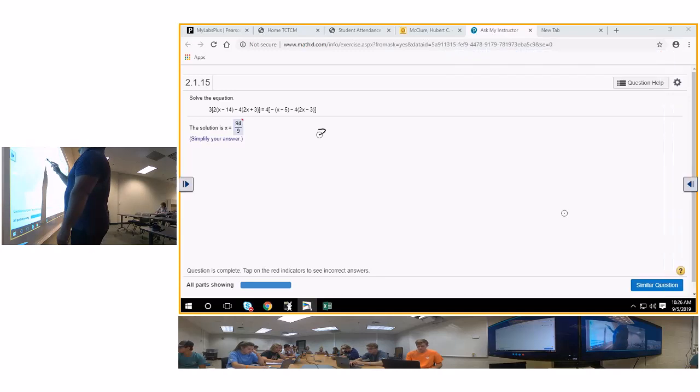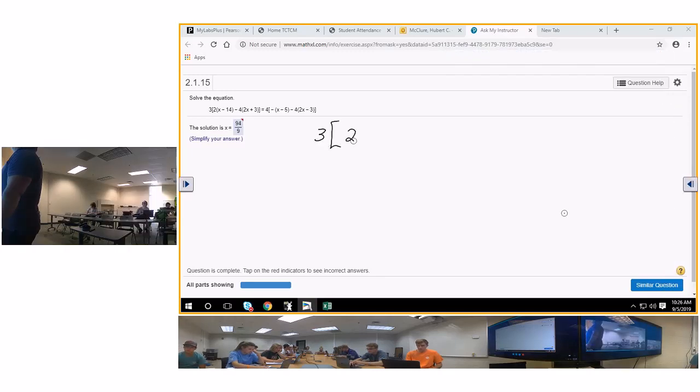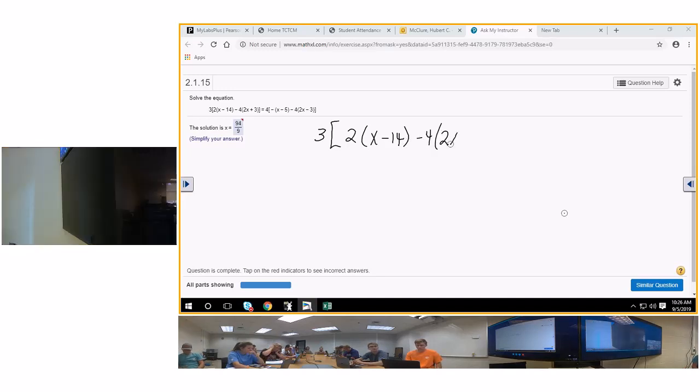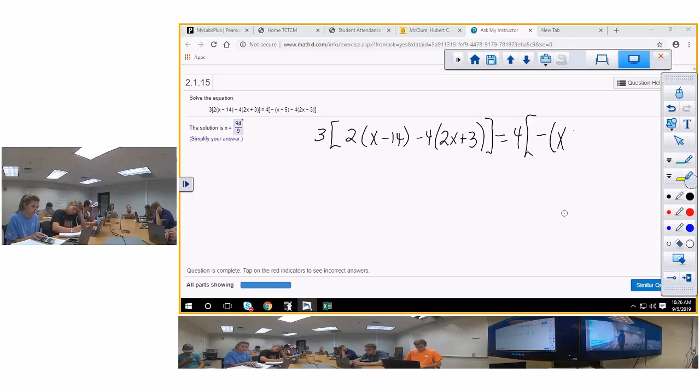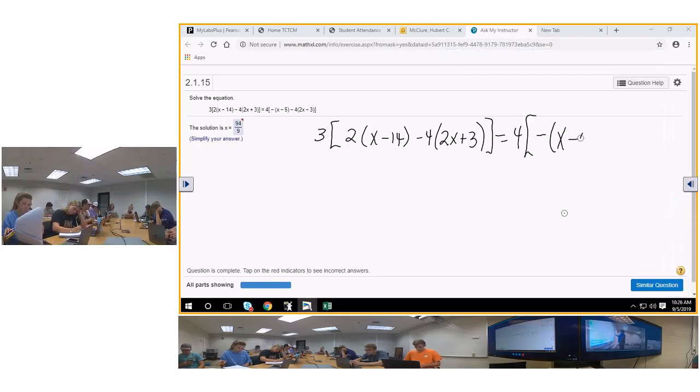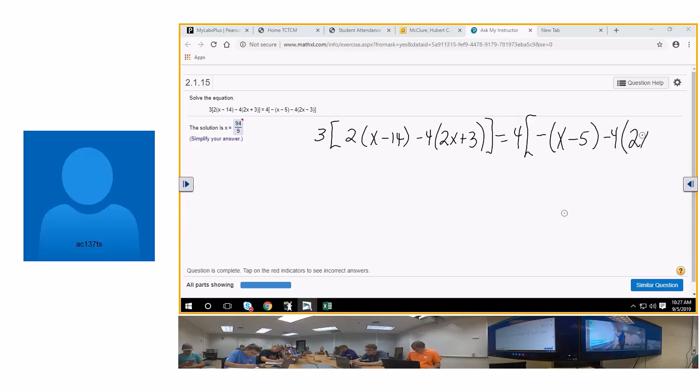So 3 brackets 2 times x minus 14 minus 4 times 2x plus 3 equals 4 bracket minus x minus 5 minus 4 2x minus 3.